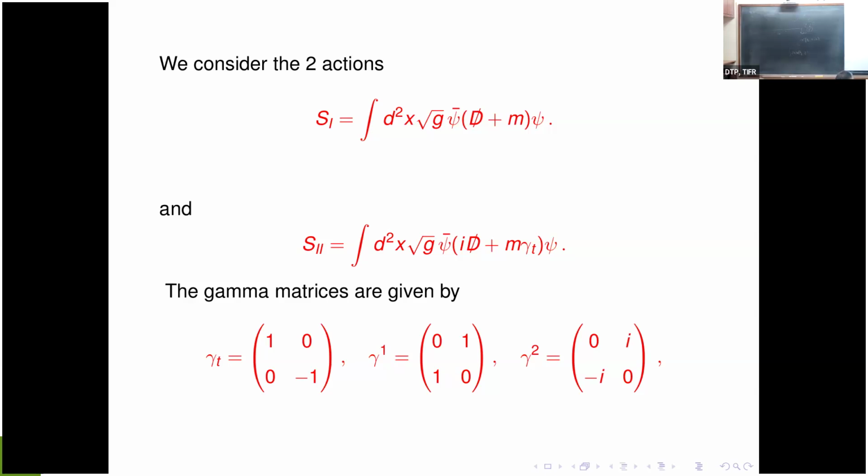I've written it in this form, which is the conventional form in 2 dimensions, and gamma t is the parity. So the two kinds of actions: this is just the Dirac operator with a mass, and this is a Dirac operator with this extra term coupling like this, which comes in supersymmetric theories.